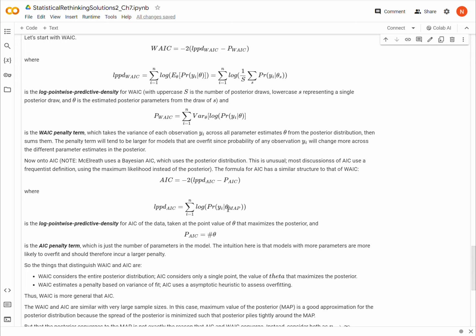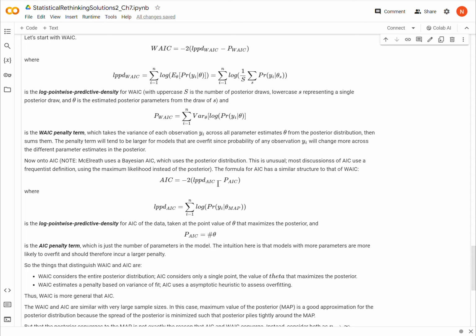It is the value of theta that maximizes the posterior distribution. And so then we look at each observation y and its probability given those parameter values. And then we just sum all of those up. And the penalty term is the number of parameters in the model. So how many explanatory variables we're using to predict the outcome.